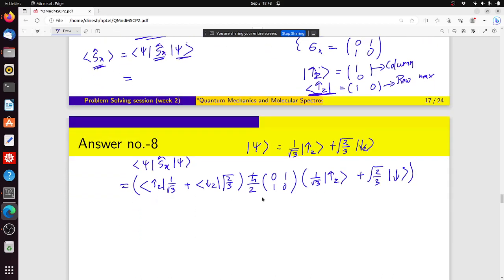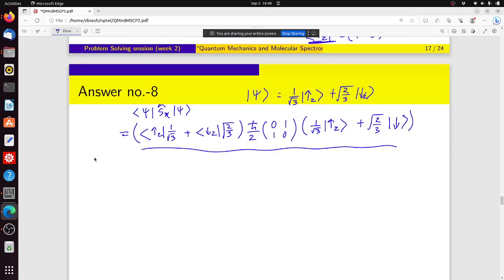So we will have 4 terms, right? If you multiply these two and expand it, you will have 4 terms: up Sx up state, of course in z direction, down Sx down, then the mixed terms, up Sx down and down Sx up. So let's check one by one. Let's check this one.